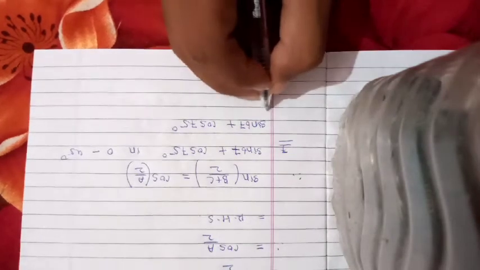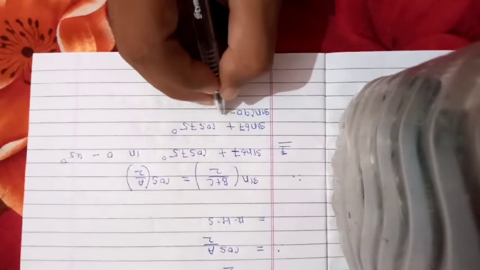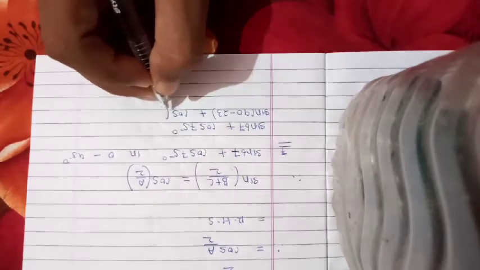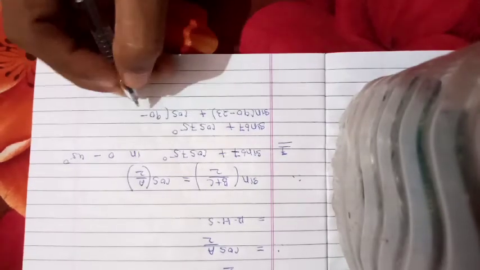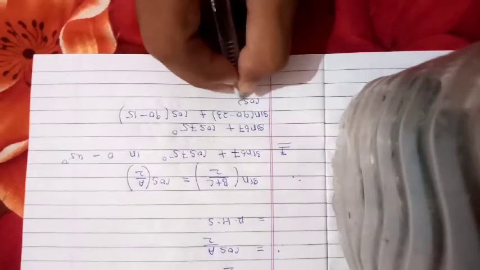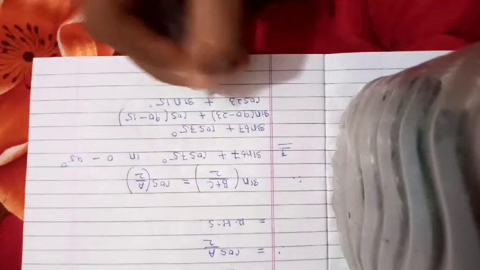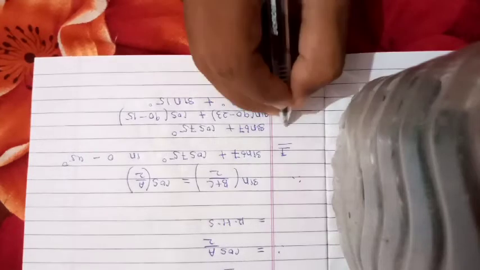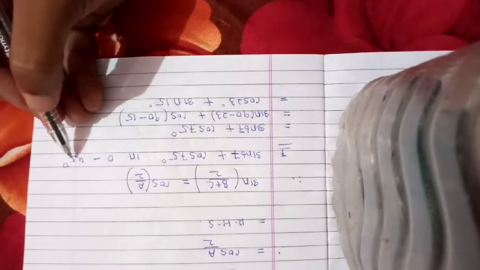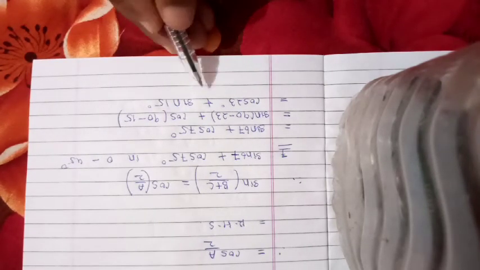So 67 you can write as sine of (90 minus 23) plus cos 75 can be written as cos (90 minus 15 degree). Now this will become cos 23 plus sine 15 degree. Now these angles are in terms of 0 to 45, that means less than 45 and more than 0.